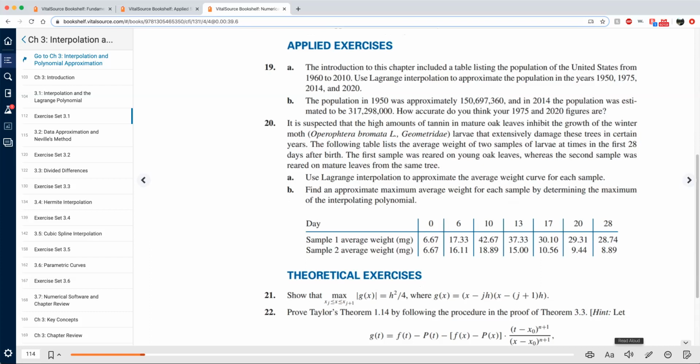The following table lists the average weight of two samples of the larva at times in the first 28 days after birth. The first sample was reared on young oak leaves, whereas the second sample was reared on mature leaves from the same tree.